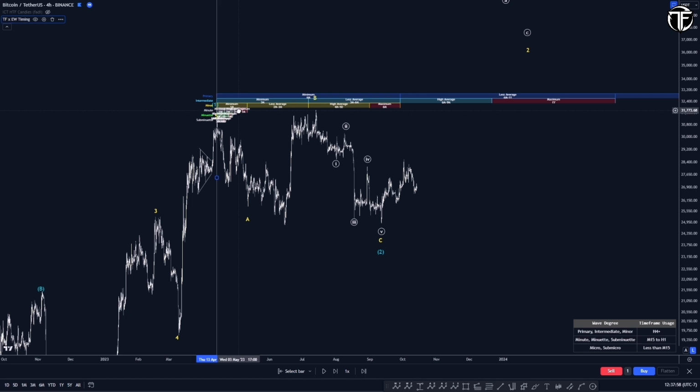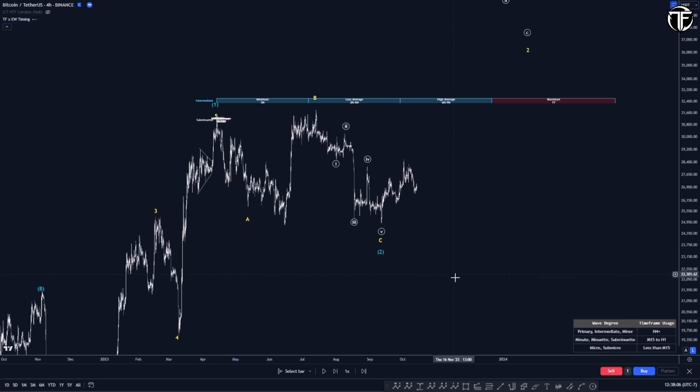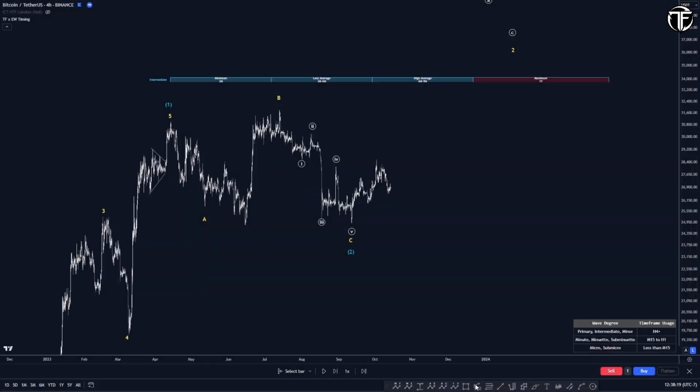Number 1, the largest degree that we're observing is an intermediate degree. That's the largest one that we're observing, because we were looking at this as an intermediate wave 2. That was our expectation. So that means we're going to look for the average zone of completion, right? We're going to look for this zone.